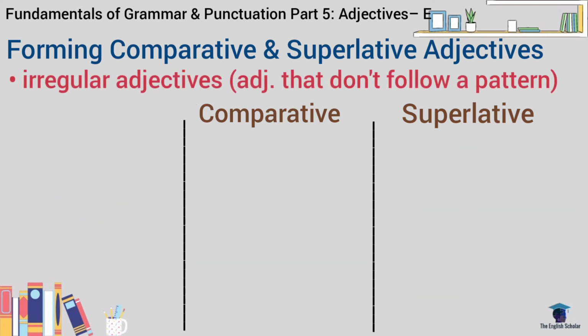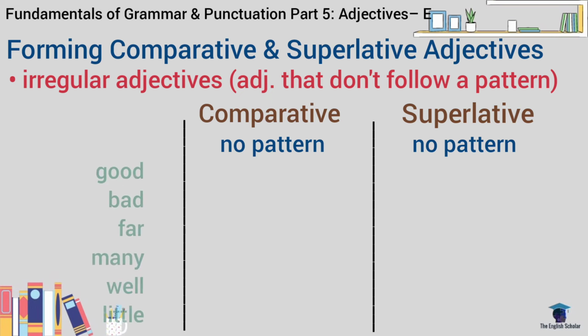For irregular adjectives, which means regardless of the number of syllables, if verbs have irregular ones, adjectives have too. Those are irregular adjectives. These adjectives do not have a specific pattern to follow as to form their comparative and superlative forms.